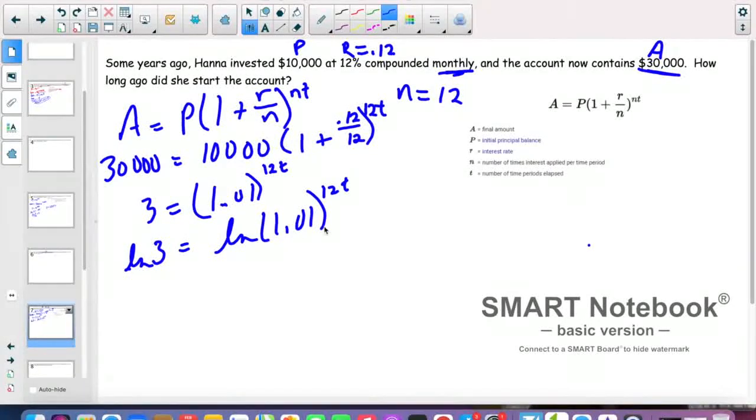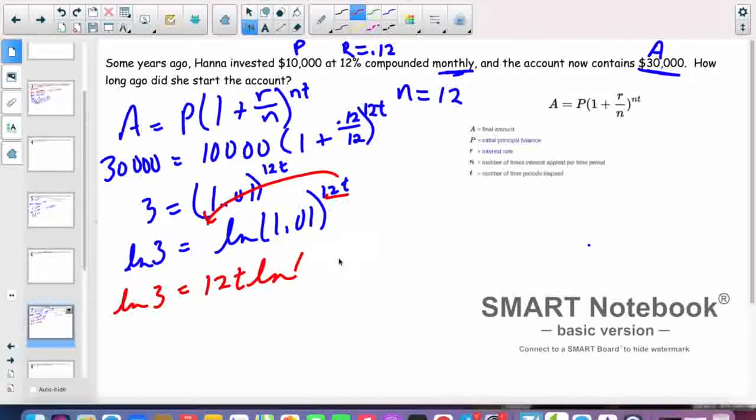Now, when I do this, keep in mind your properties. I can take this 12t and move it to the front using my properties. So that would be natural log of 3 equals 12t times natural log of 1.01. And then I'm going to divide by everything but the variable.